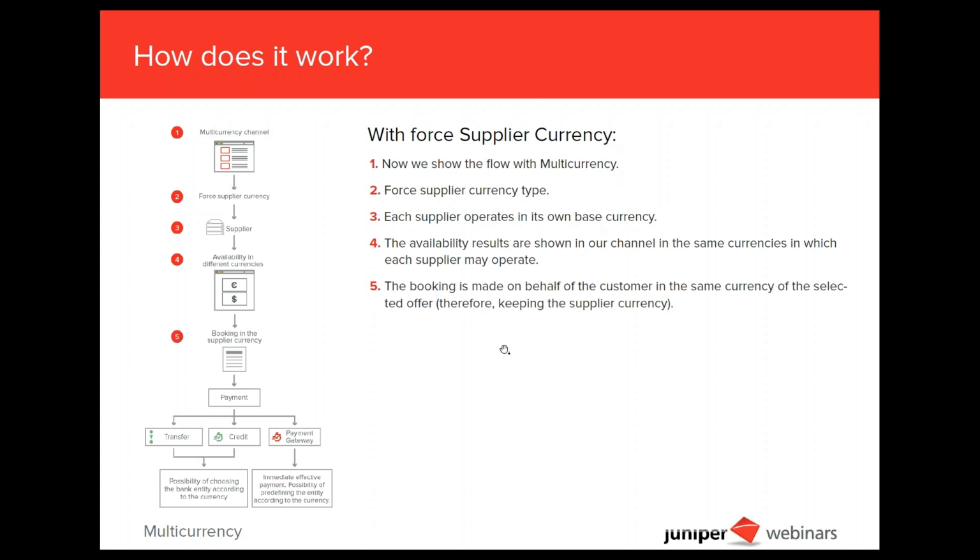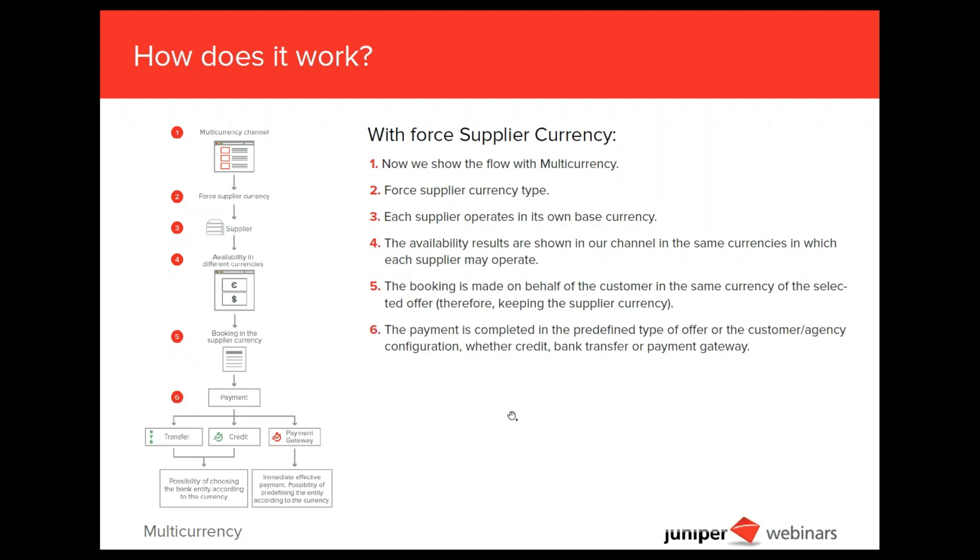The booking is made on behalf of the customer in the same currency of the selected offer, therefore keeping the supplier currency. So if the customer is seeing all the list with several currencies and they choose one within a specific currency, then the booking is made in that currency as well.